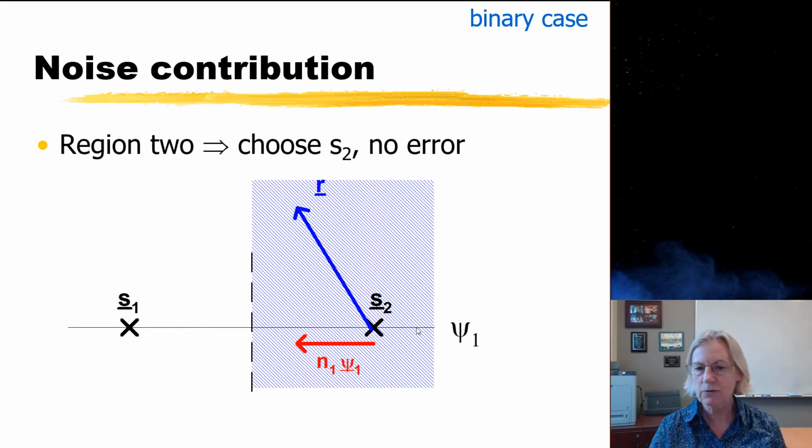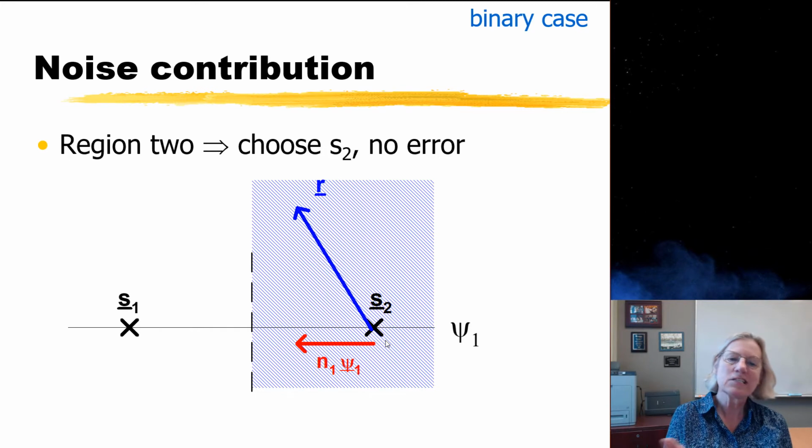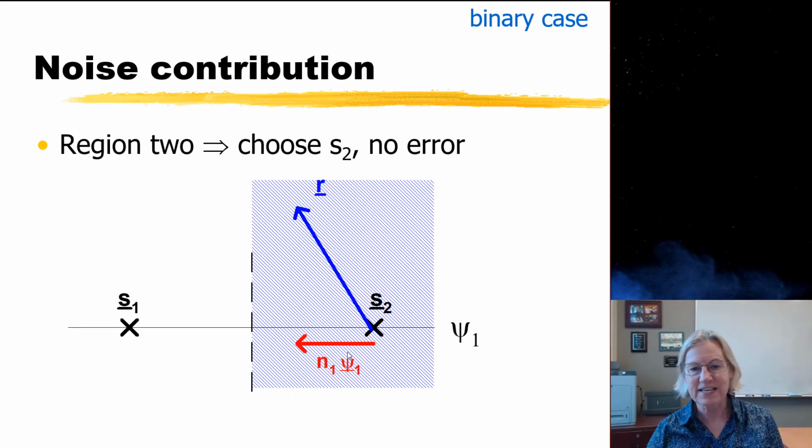So I didn't get S2 with no noise because there was some noise that was pushing it. Now the noise happened to push it way up high, but the way up high has no influence. The only thing that influences this is the movement the noise forced along the line connecting S1 and S2. So we call that the projection of the noise onto that line connecting the two.